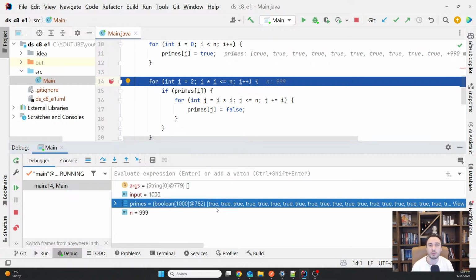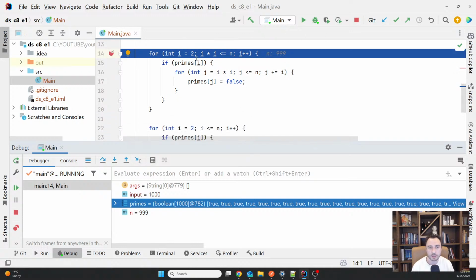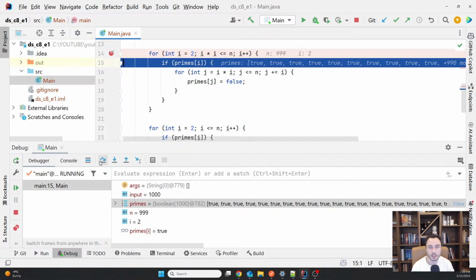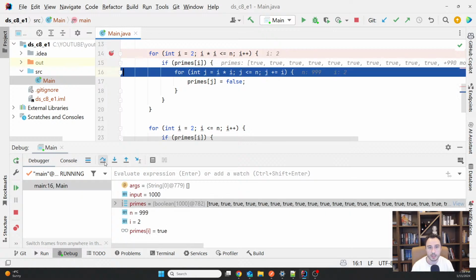I don't know a better way to do this, so I'm just starting usually from the second index representing the second number. And then you say, starting from 2 here, okay, is 2 a prime? Yes, because we anyway started by considering everything prime. And then you say, okay, now start from its square and make everything that's after non-prime.